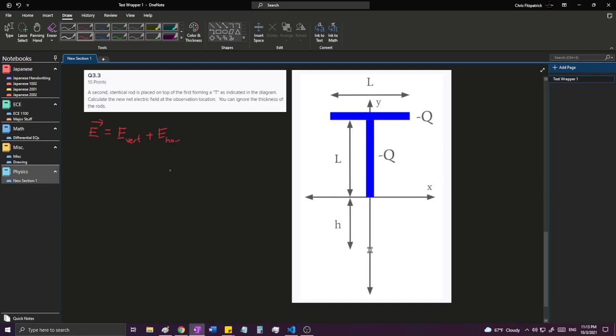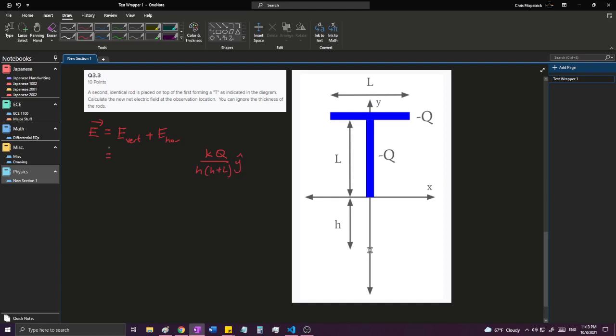And we found the horizontal one in the first part of the problem. Now we just have to find the vertical one. And it's fairly simple. So the horizontal one we found first, so that's kq over h times h plus L, and in the y direction, so y hat.